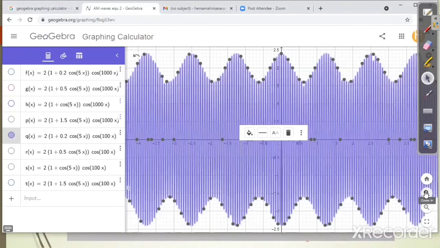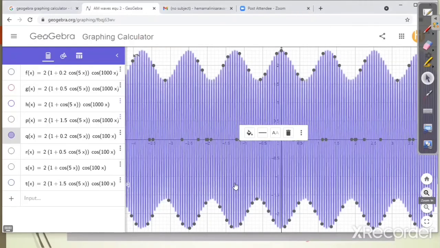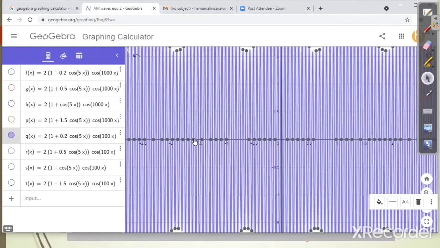But we can observe the small waveforms here. If these waveforms are congested, we get that envelope shape. Inside that, there are many small waves like this.